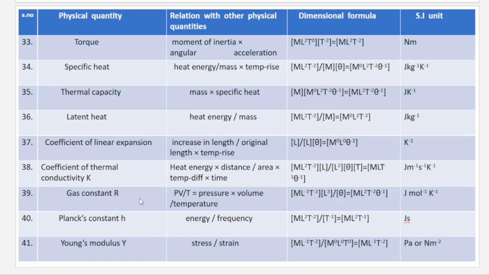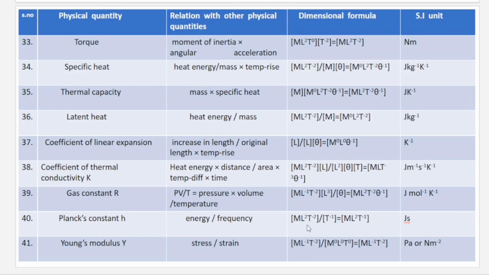Gas constant R is PV by T, that is pressure into volume by temperature. Pressure is M L^-1 T^-2, volume is L^3, by temperature theta. We get M L^2 T^-2 theta^-1. Planck's constant h is energy by frequency.